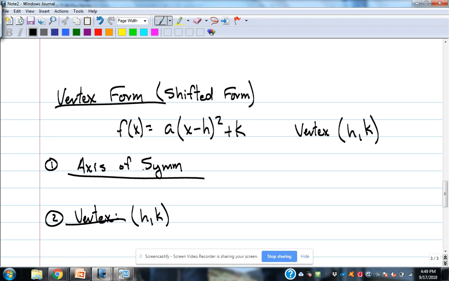It was the x value. So the axis of symmetry, if we're in vertex form, we've already got the vertex, so we already have the axis of symmetry. It's going to be x equals h, wherever h is. x equals h is our axis of symmetry. We don't have to do any calculations to get those things. They're already there, which is nice when we've got some stuff we don't have to work for.